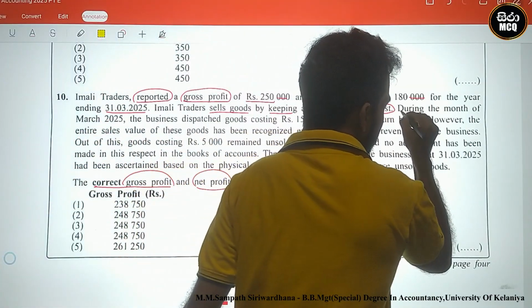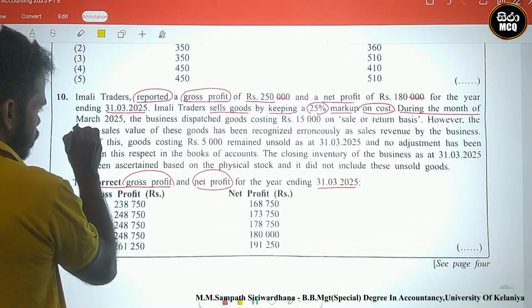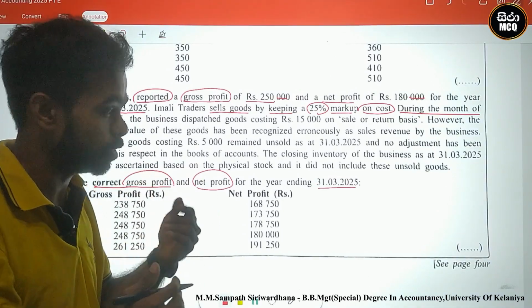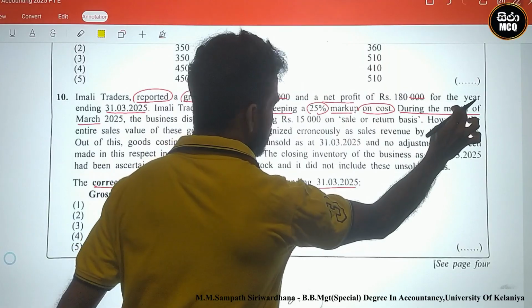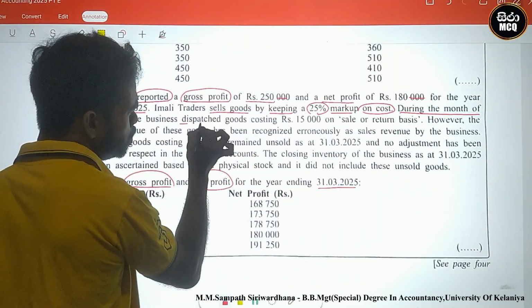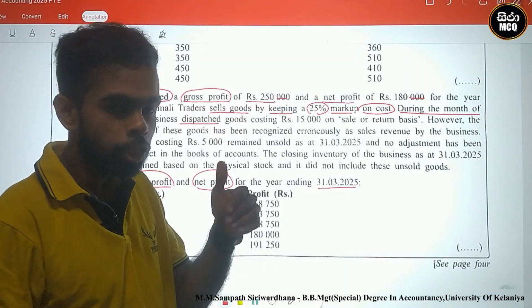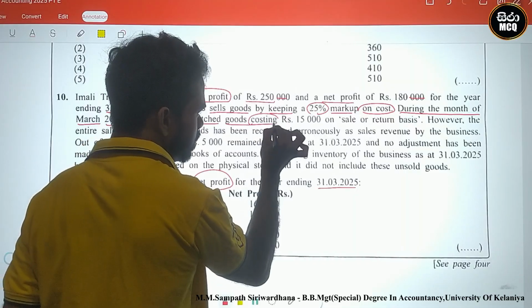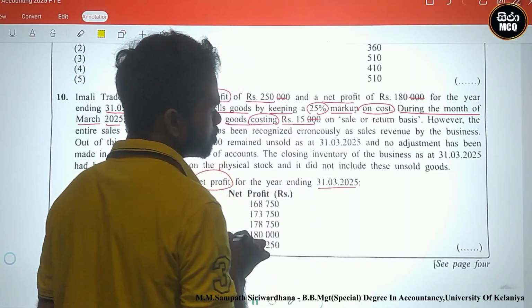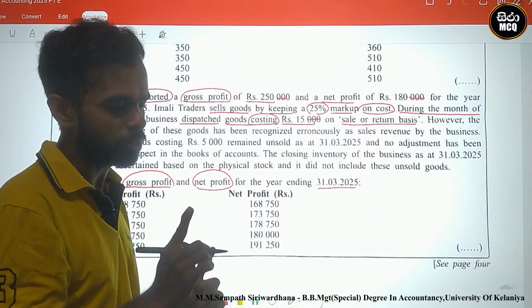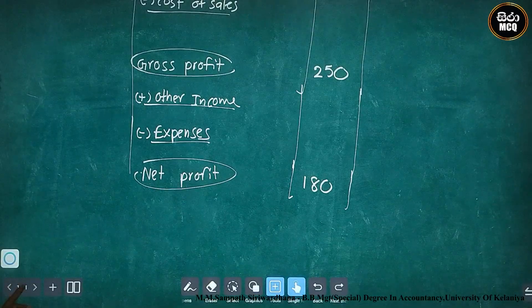During the month of March 2025, which is our period end month, the business dispatched, meaning issued, goods costing 15,000 on a sales or return basis.